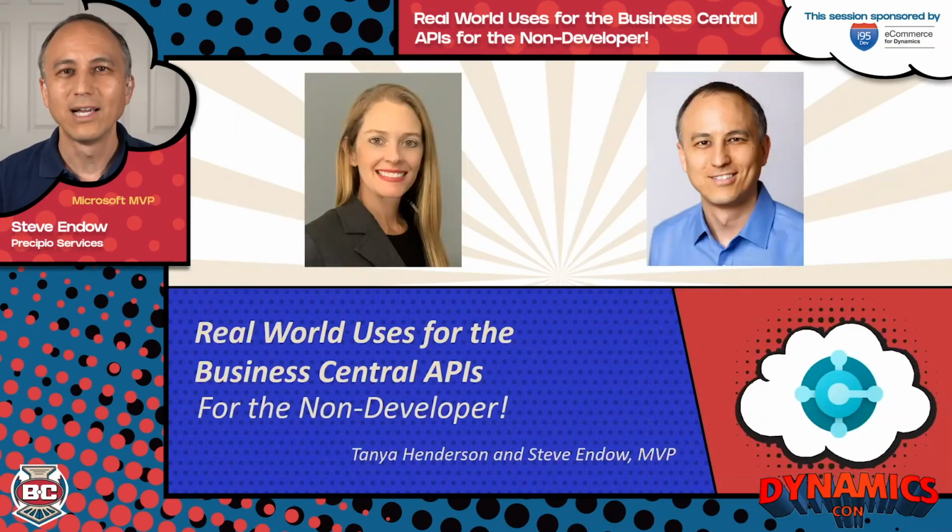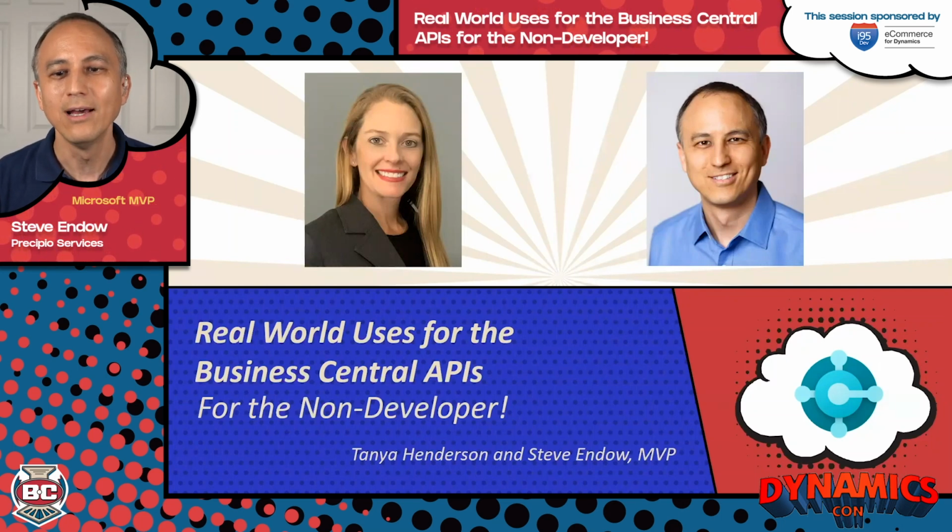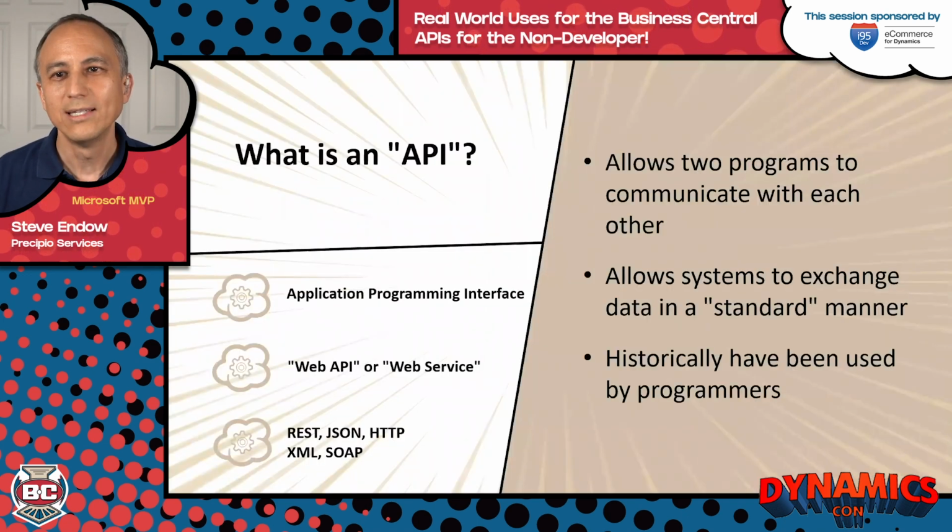And today we'd like to share with you our thoughts on real-world uses for the Business Central API, specifically for the non-developer. So what is an API? The abbreviation API refers to Application Programming Interface, and this is traditionally a tool used between two different programs, allowing them to communicate.